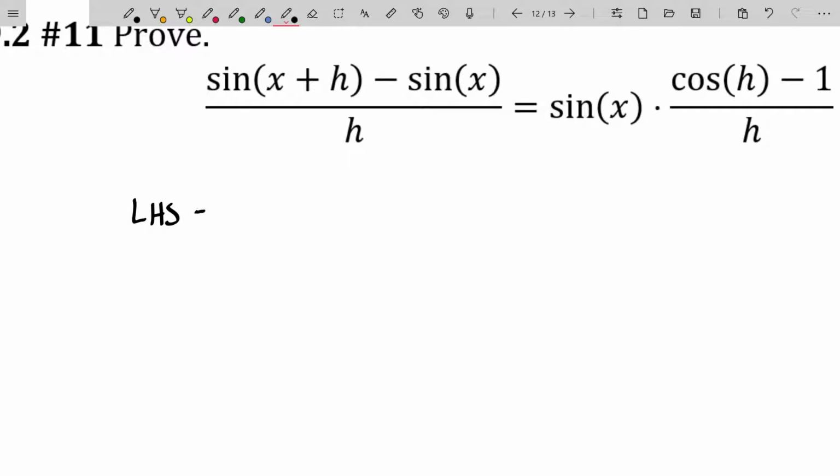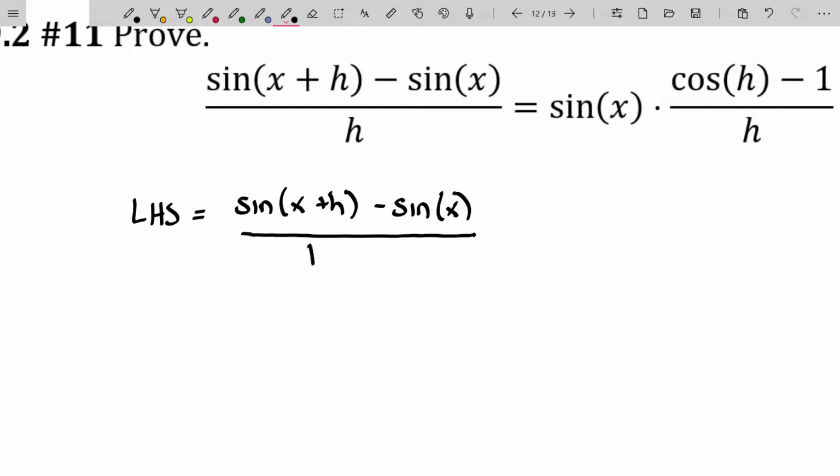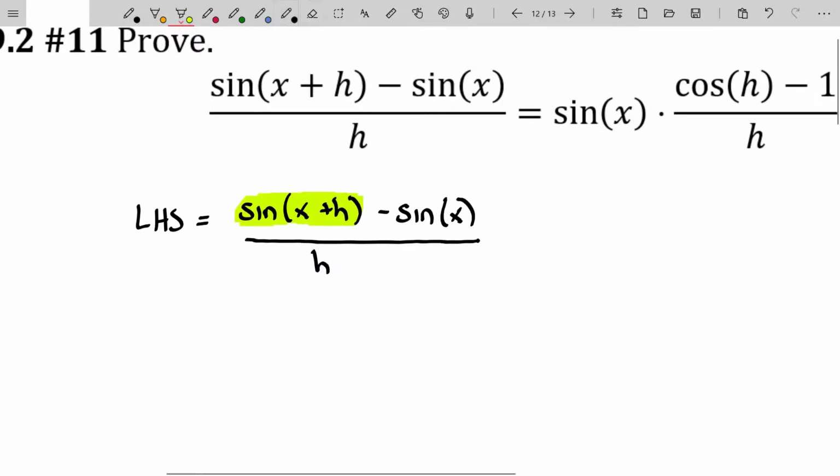So the left-hand side, well, that's the sine of x plus h minus the sine of x. And that's all being divided by h. There's not much I could do with that, except that I have the sine of a sum of angles. So at least I could use that trig identity to simplify that statement.